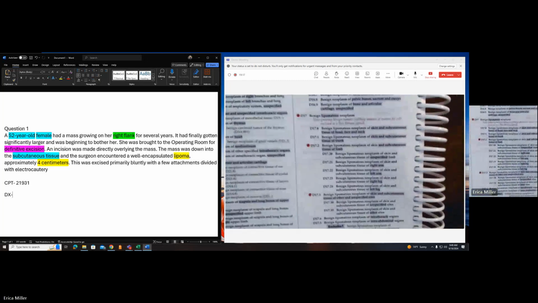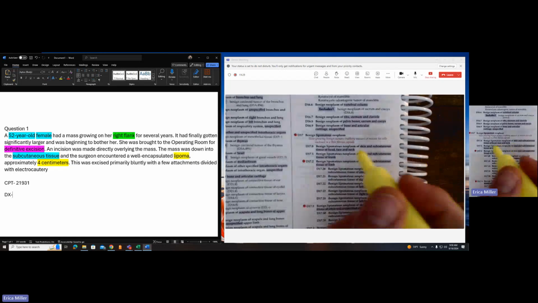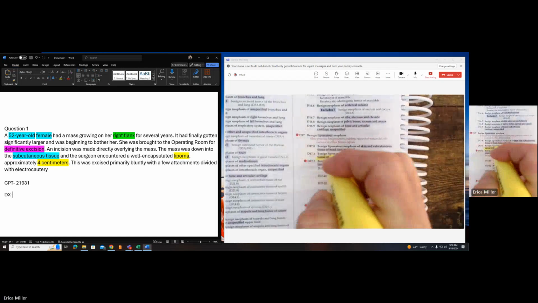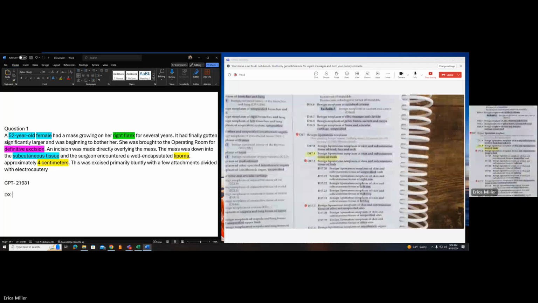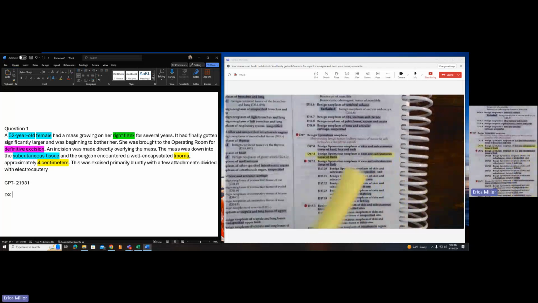All right, so D17.1, benign lipomatous neoplasm of skin and subcutaneous tissue of trunk. Note the detail there, not just the skin, but subcutaneous tissue. So that makes our final answer for this operative report D17.1. Oops, not 7.1. There we go.